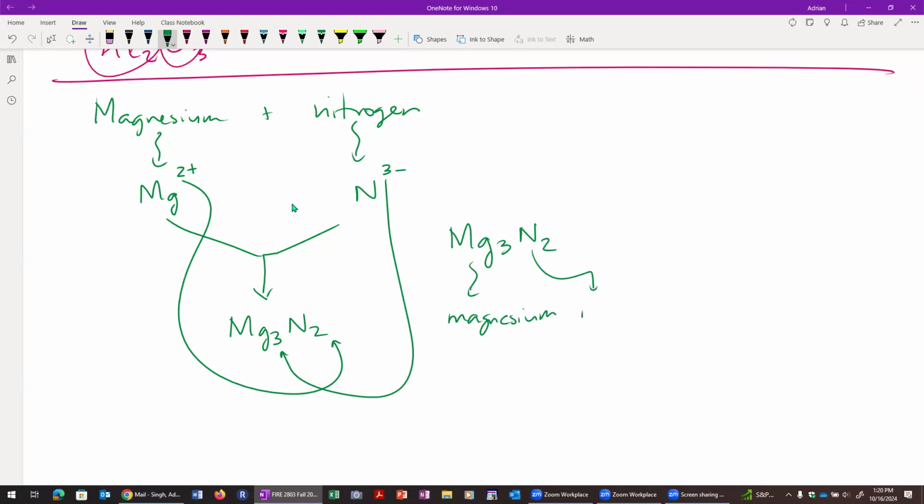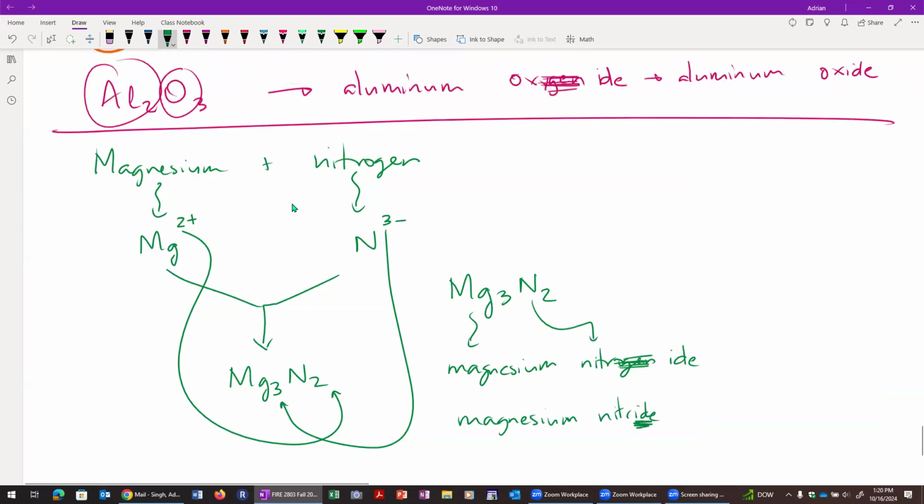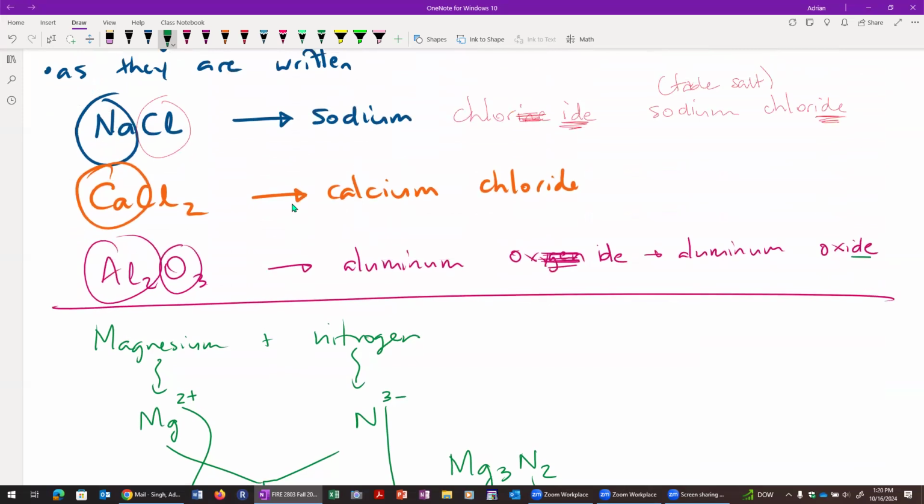So just like in the previous example, we're going to drop the ending here, the OGEN part of it, replace it with IDE. So we end up with the correct systematic name for this as magnesium nitride. Right? So all of these, all the examples we looked at had that IDE ending that you want to include when you name these binary ionic compounds.